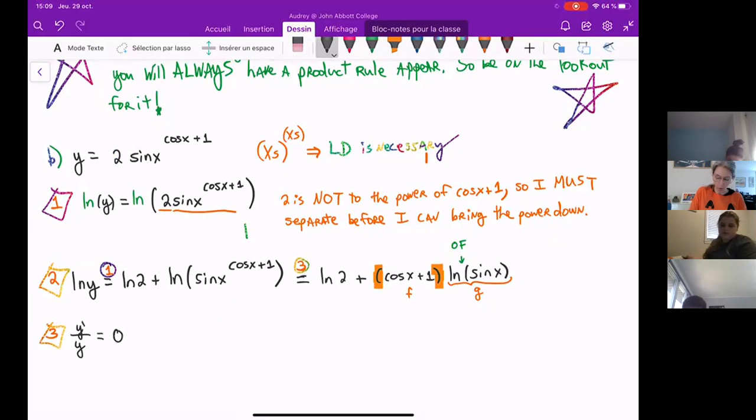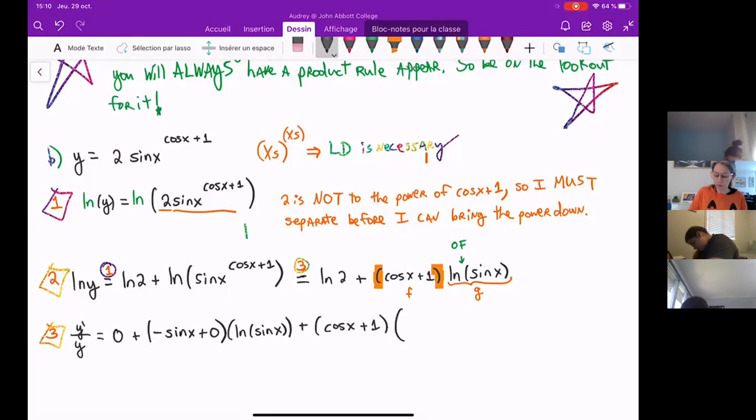Good job. 0 plus, now I'm doing my product rule. The derivative of cosine is? Negative sine x. So this is negative sine x plus 0, the derivative of the first, times the second, plus the first, times the derivative of the second. So this is a sine x goes on the bottom. What goes on top?